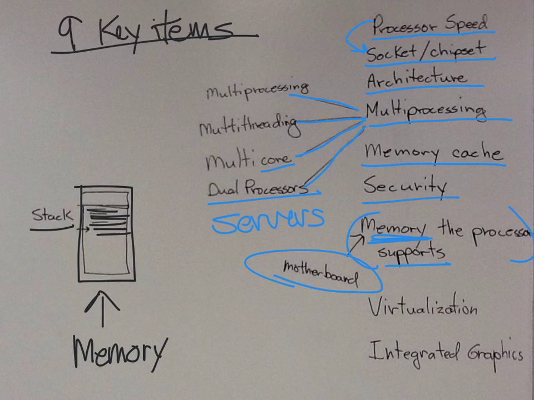So you're going to make this connection, right? You're going to buy a processor that matches the motherboard, and then what memory are you going to buy to put in that motherboard that the processor supports? Okay. Virtualization is the ability to literally have different operating systems, for example, loaded on one machine, and all of them are able to function at the same time, making use of the powerful processing that we have nowadays.